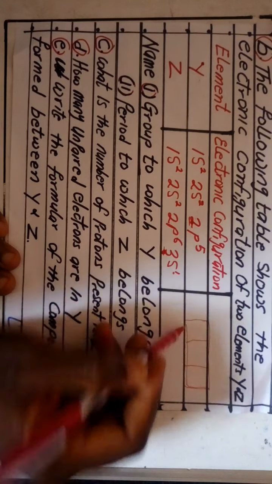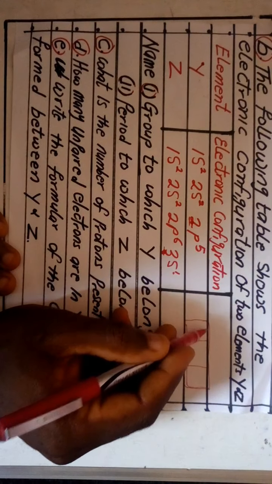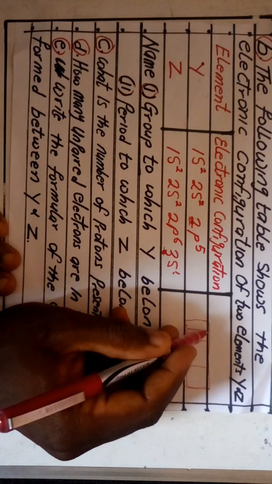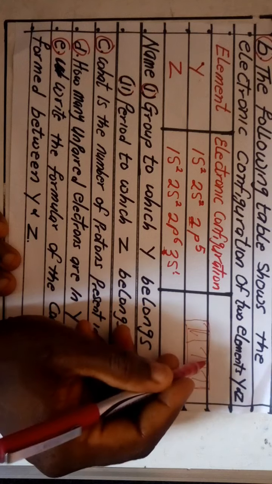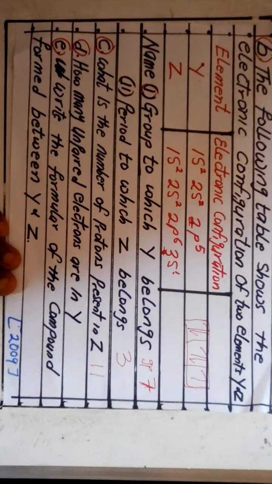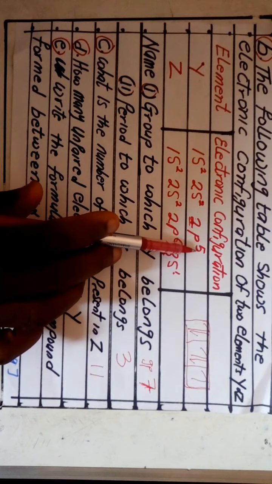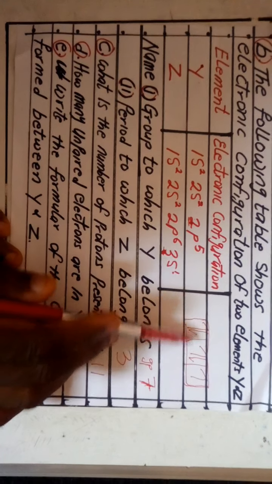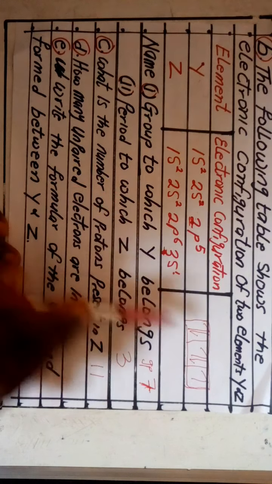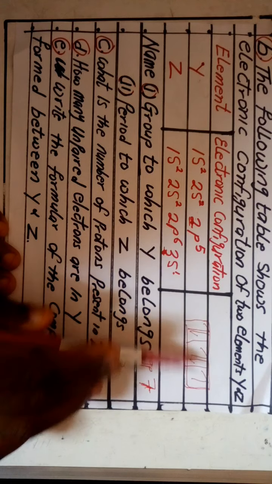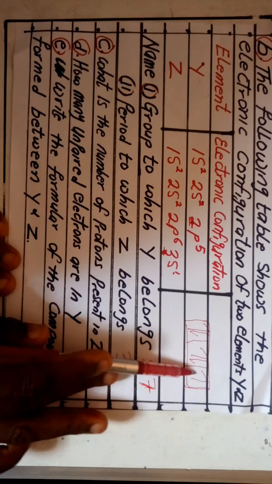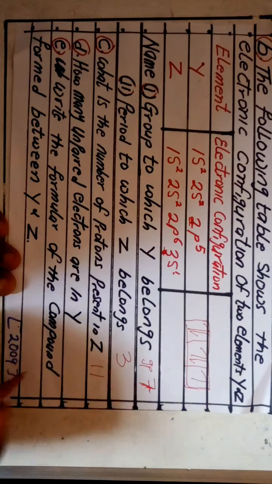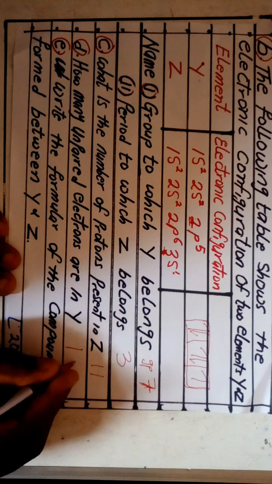The first one can take a maximum of 2, but let's flip, 1, 2, 3, 4, 5. This is P5, 1, 2, 3, 4, 5. Remember, you fill each orbital singly first. So at the end of the day, you are left with 1 unpaired. So it has 1 unpaired.